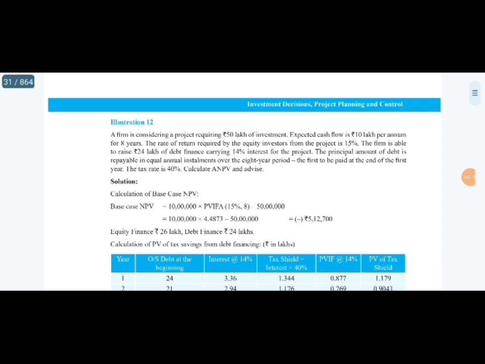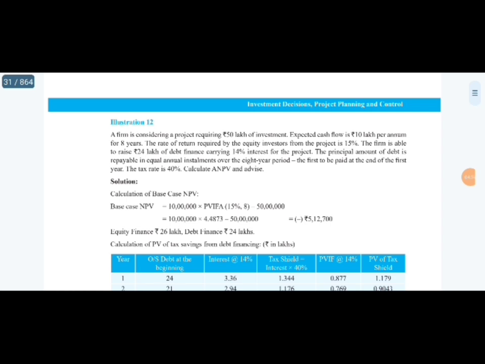So here, for finding the NPV, what is the cost of capital? 15%. Then they have given the firm is able to raise 24 lakh of debt finance carrying 14% interest for the project.